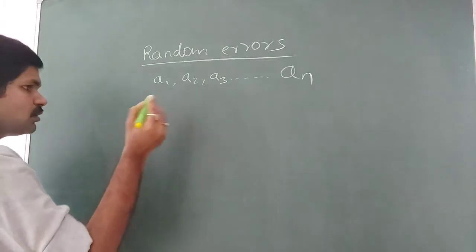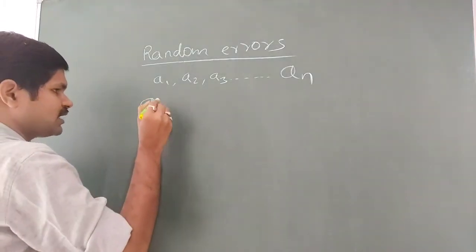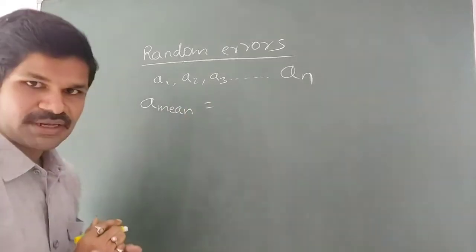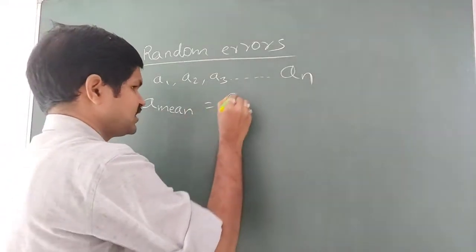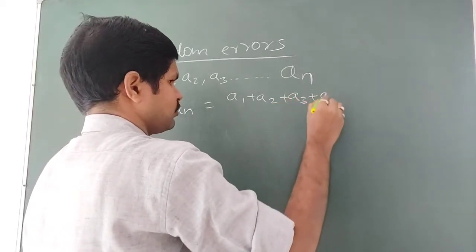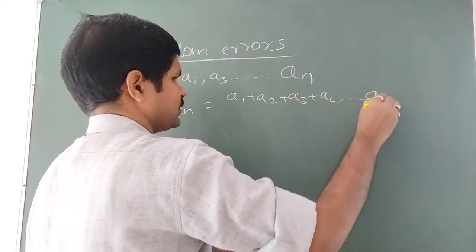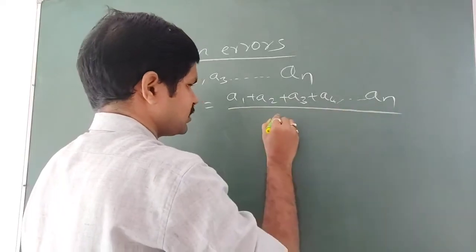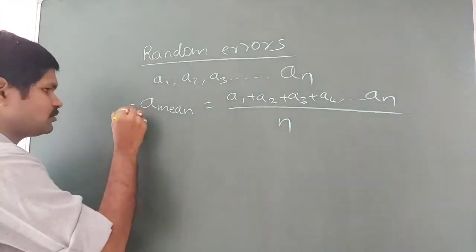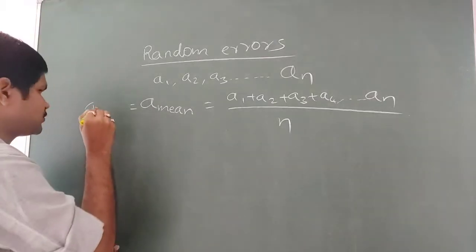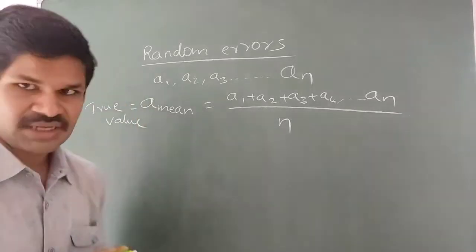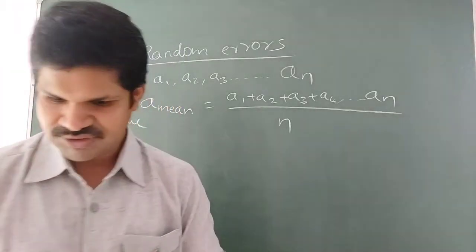To calculate the true value, we take the arithmetic mean of all the observations: A1 plus A2 plus A3 plus A4 and so on up to AN, divided by N, the number of observations. This is the true value of the observation.